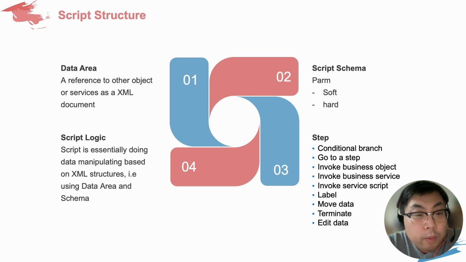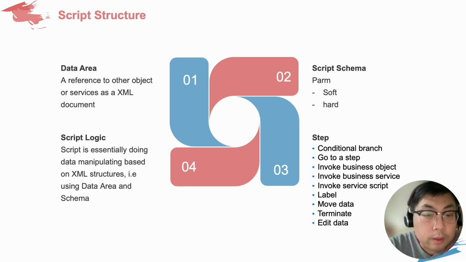Next, when you write a script, you can use these types of steps. I think it depends on what type of script you're writing, but I just want to point out a few things. For example, label.